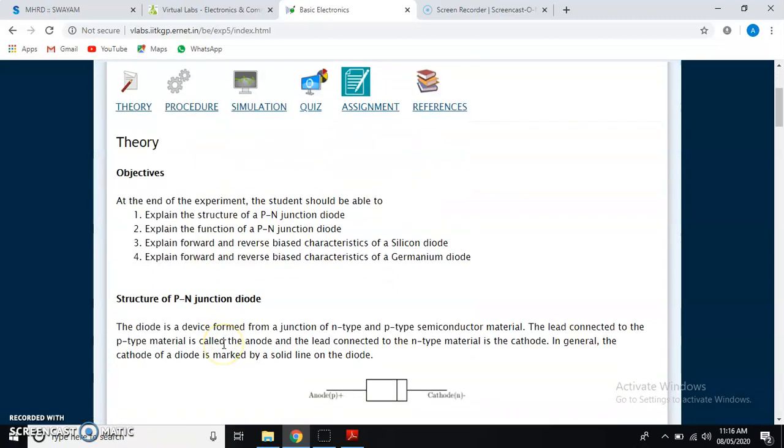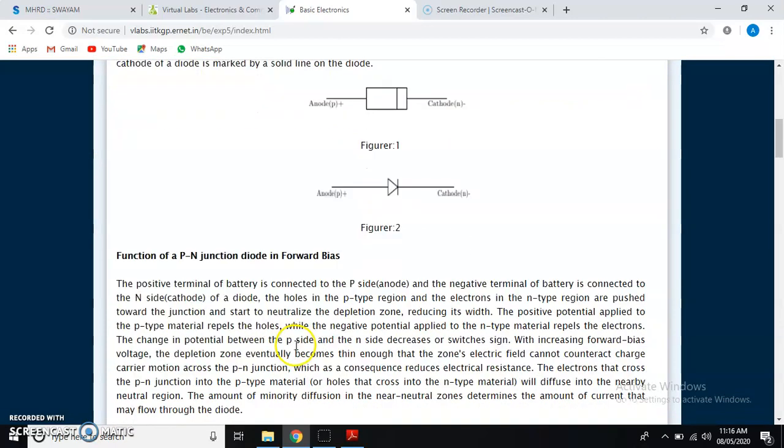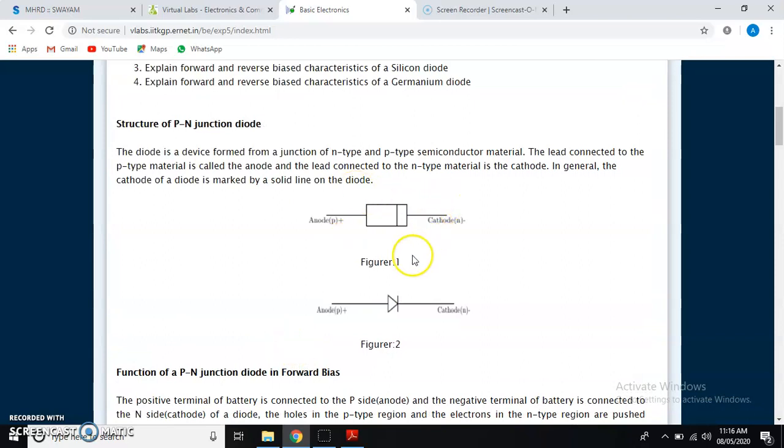Okay, now on the first page you'll find all the theory related to the PN junction diode. It's a two-terminal device. The two terminals are anode and cathode. Practically, the cathode terminal of a diode can be identified by means of a silver ring on its body. So the silver ring is the cathode and the remaining terminal is the anode of the device.